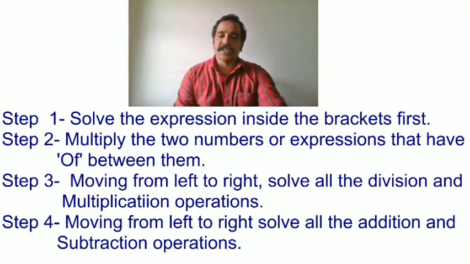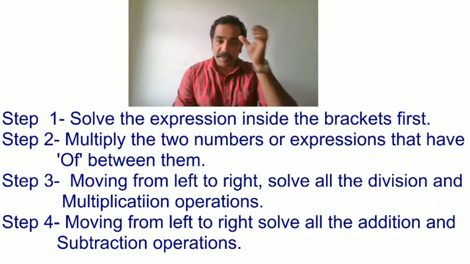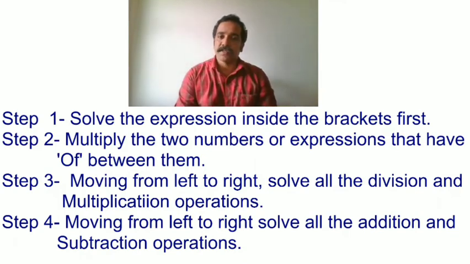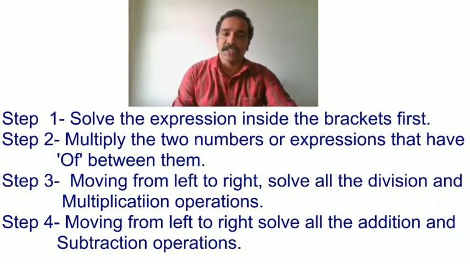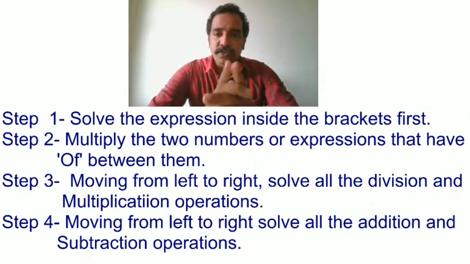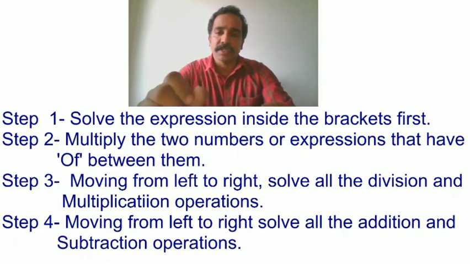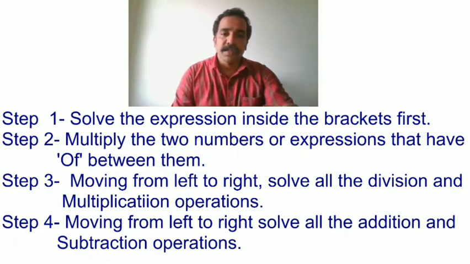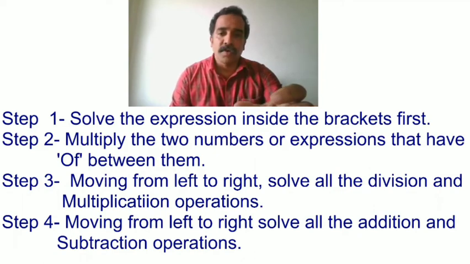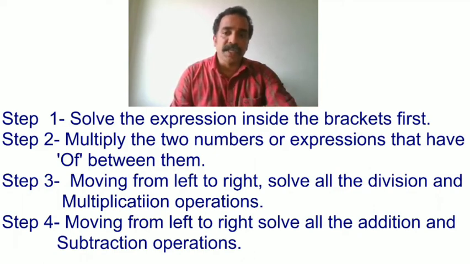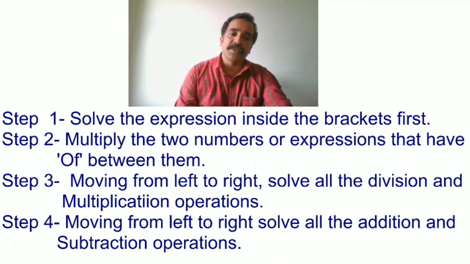See the order of operation. First step, solve the expression inside the bracket first. In an arithmetic expression, maybe brackets and all the four operations are there. First, we have to solve the expression inside the bracket. Then second step, multiply the two numbers that have an of operation between them.